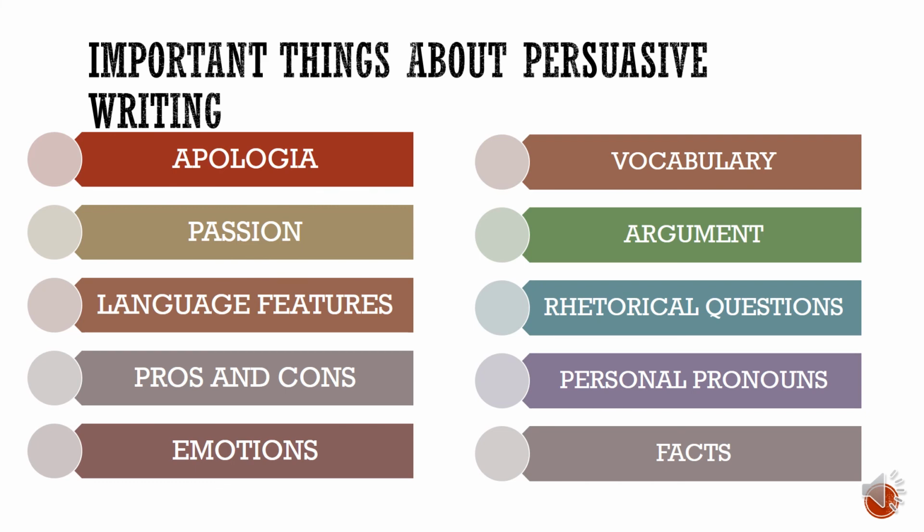Now, the next one is argument. And when you say argument, so basically the meaning of the word itself is that we need to persuade the readers by letting them know that the side that we are trying to defend is the right one. All right, so that's the argument.